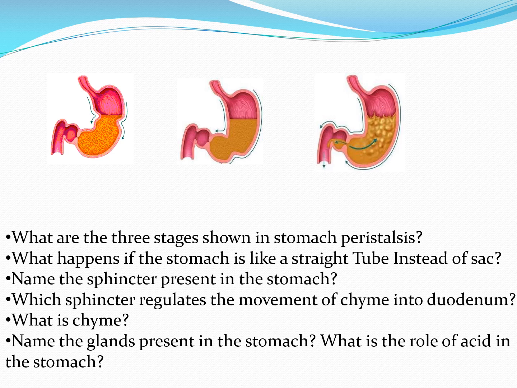HCl also converts inactive prorenin into active renin. So here acid exhibits three functions. First, it kills microorganisms. Second, it converts inactive pepsinogen into active pepsin. Third, it converts inactive prorenin into active renin.